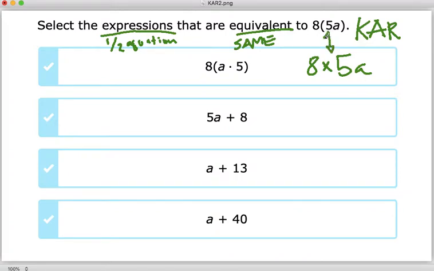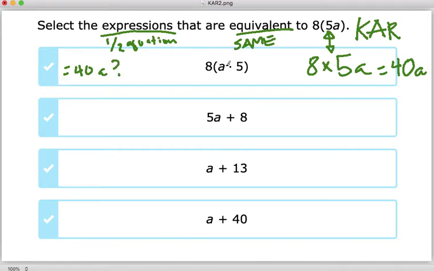So you've got 5a's, and now you have 8 groups of 5a. So this is really the same as 40a, right? So now you got to go and look and evaluate each of these answer choices and see, does it equal 40a?